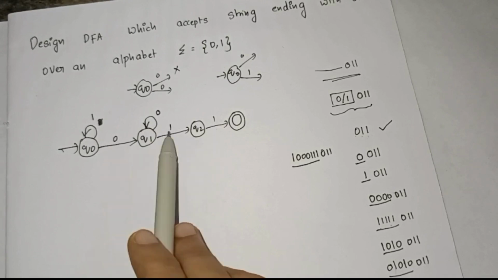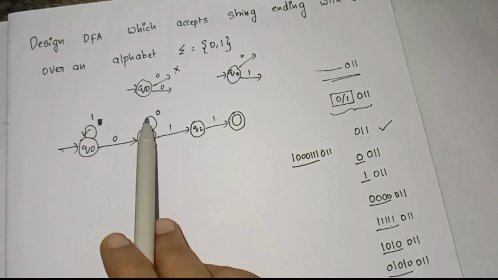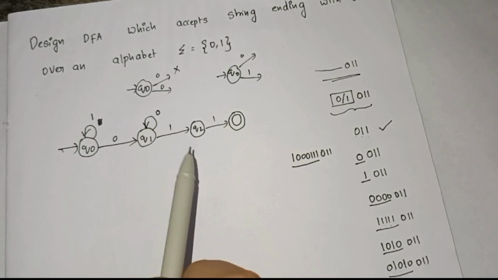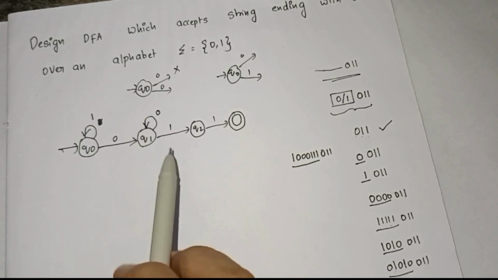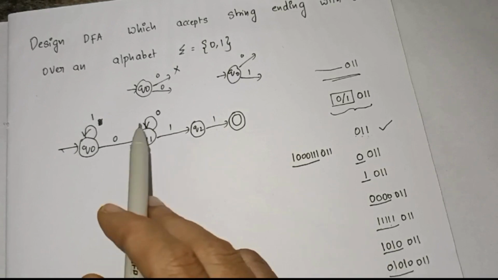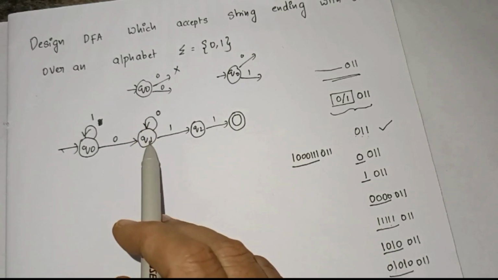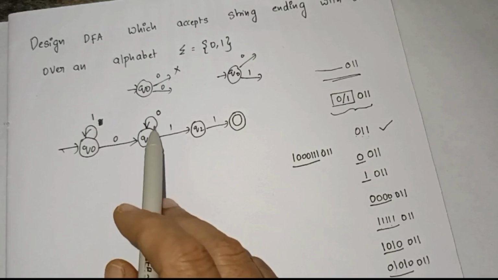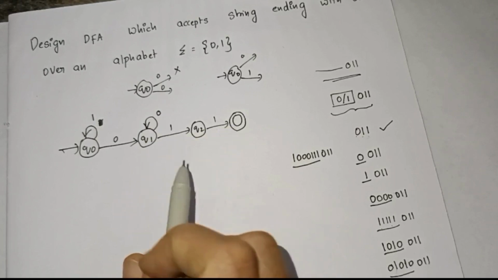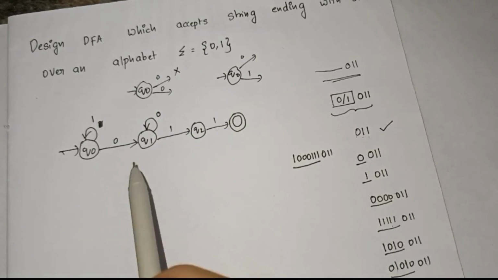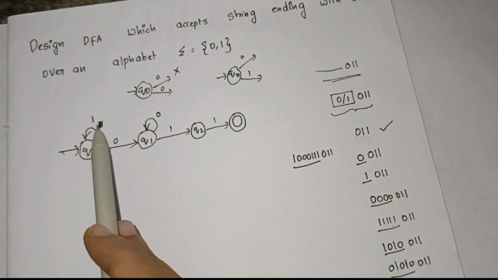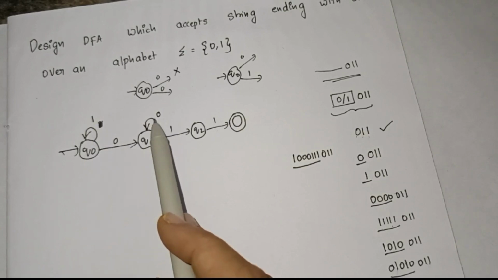Either it might be this 1, 1, this 0, 1, 1 or this 0, 1, 1. Okay. So that's why we can have a transition with any one of this. Now putting a self loop for Q1 with 0 is acceptable because the string should end with 0, 1, 1. That is done. Now Q0 is having transition with 0 and 1 and Q1 is having transition with 0 and 1.